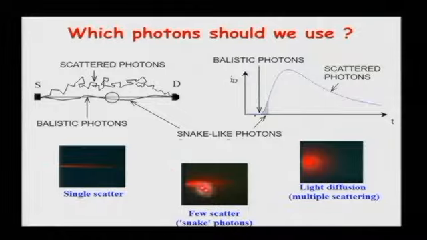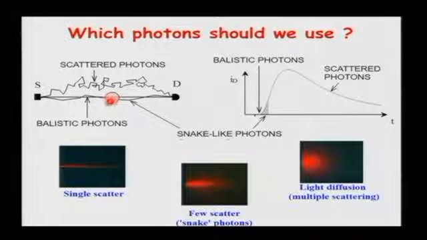Now let's think about how the photons propagate. For single scattering, we can describe the photons as ballistic propagation, meaning they propagate from the light source to the detector and touch the object of interest once.